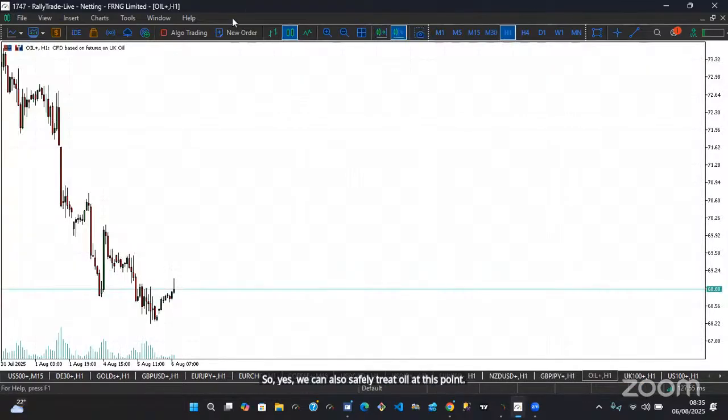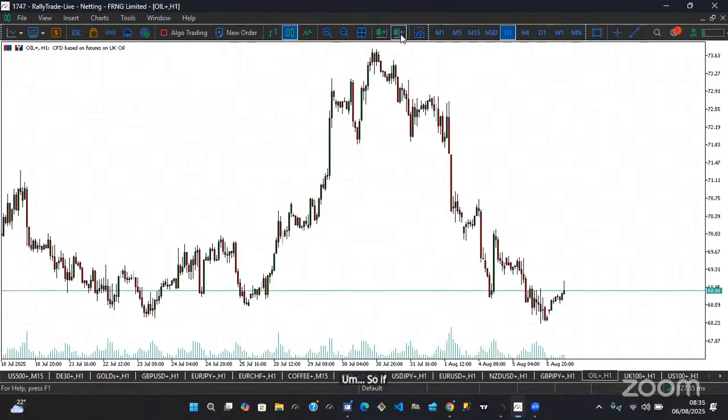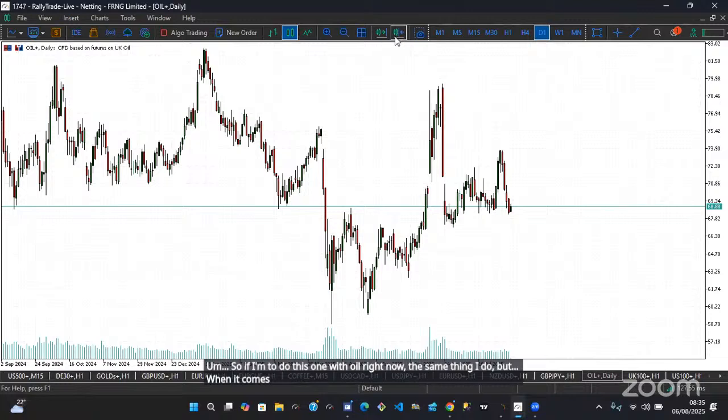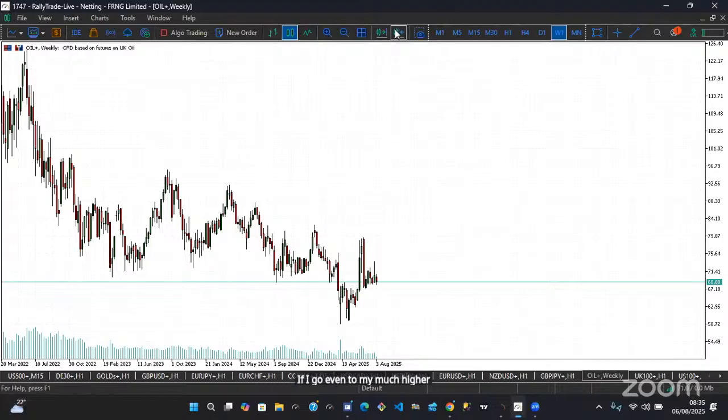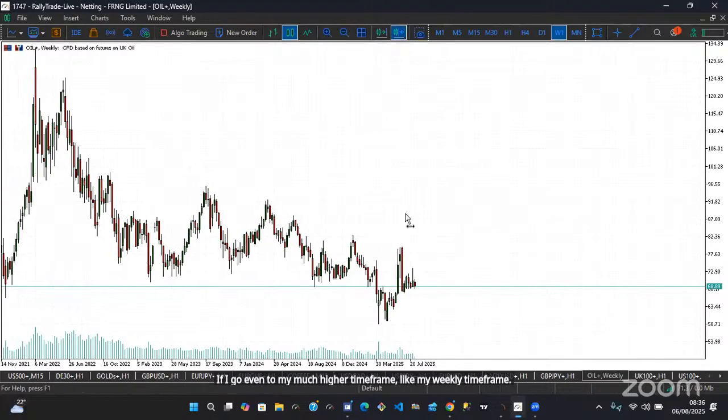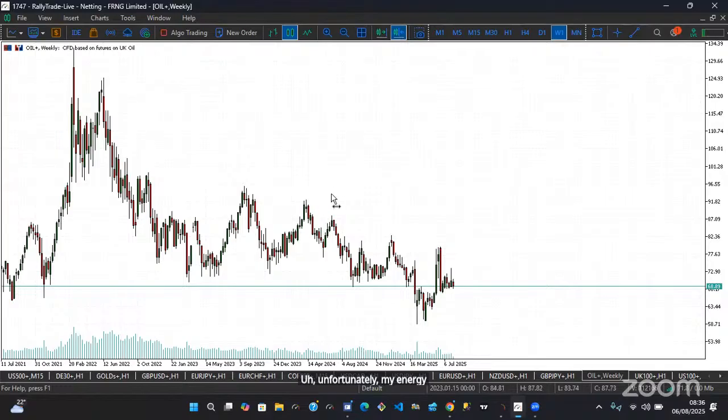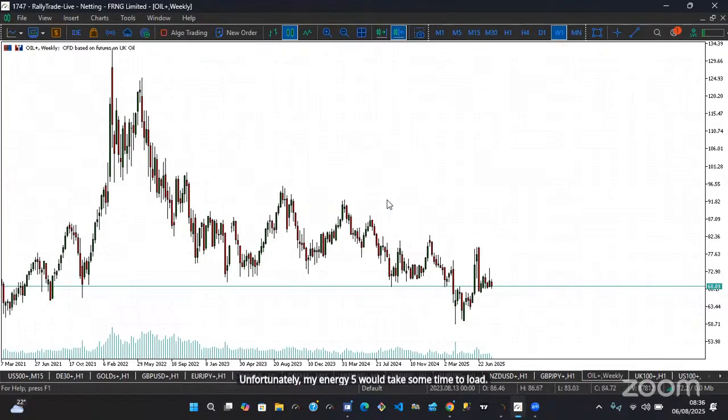So if I'm to do this one with oil right now, the same thing I do. But when it comes to oil, it does this up, down, up, down, up, down. It can trend in one direction, change direction. So if I go even to my much higher time frame, like my weekly time frame, unfortunately, my MT5 will take some time to load and give me more data on this.